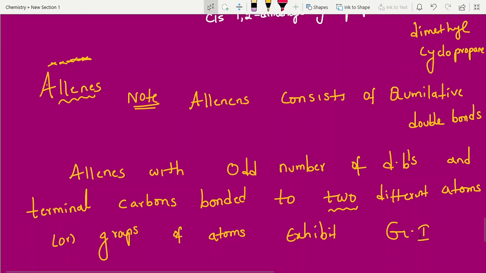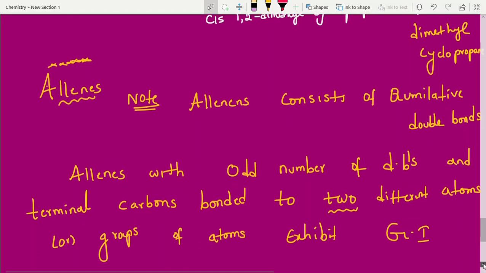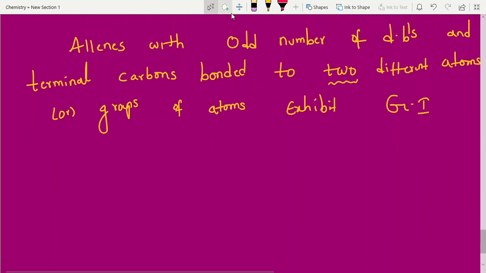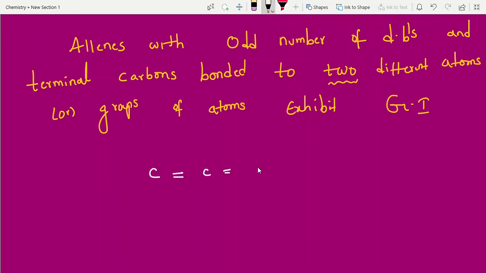Okay, I am giving an example. First, allenes, how it is. Let me write. Like this.